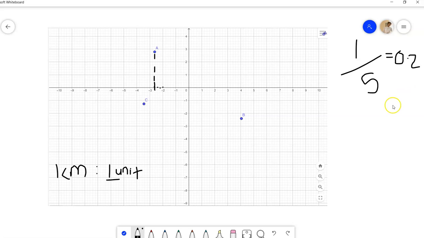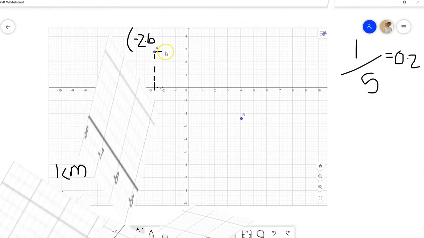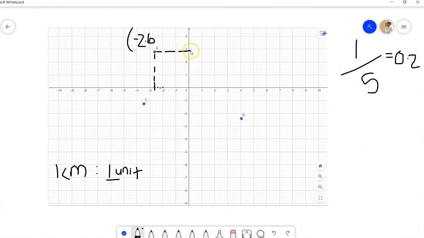So negative 2.6, that's the x value. And then we go across to the y-axis, and that is 2, 2.2, 2.4, 2.6, 2.8. So that's going to be 2.8.